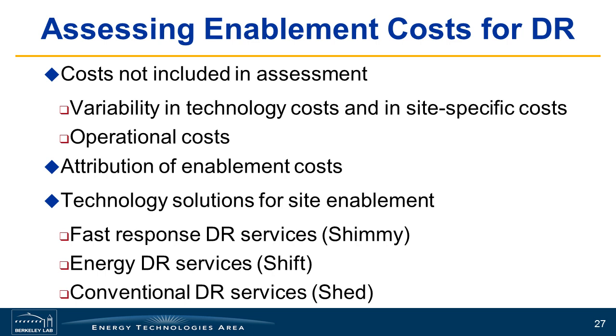The last one is your conventional DR services. This is, we've been doing this a long time in our industry, and we know how to do it well, and so those costs are typically, we know what they are very well. We can use standard meters in order to capture that data, that did the HVAC unit turn off. We can see it in load profile data.